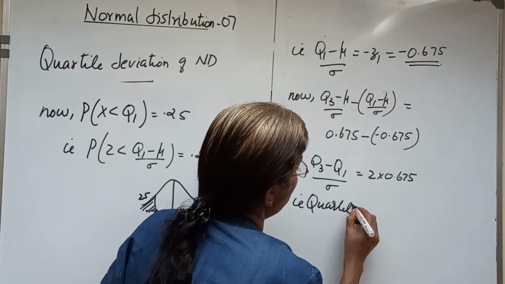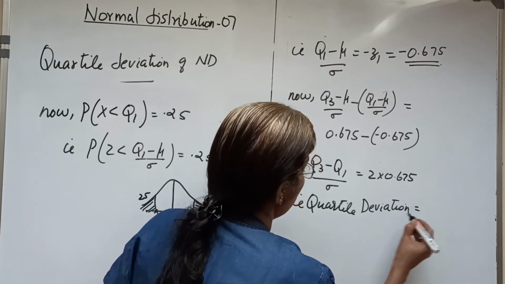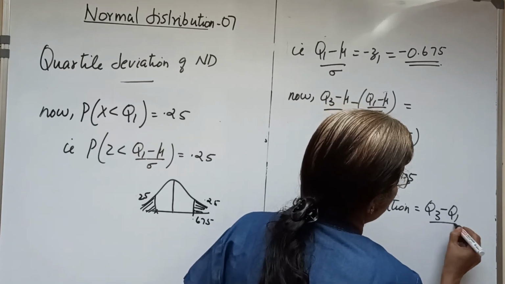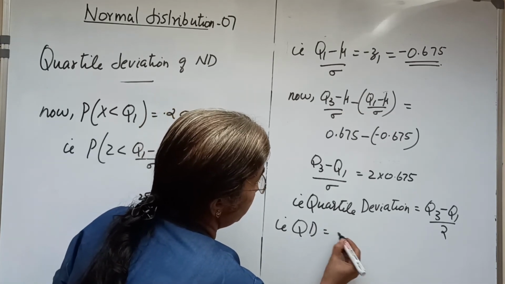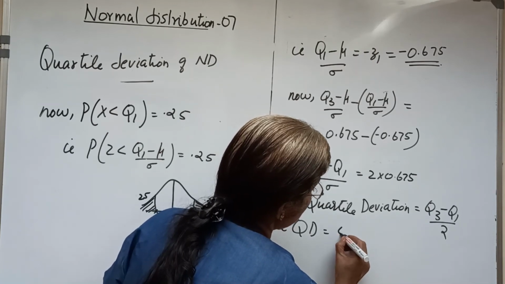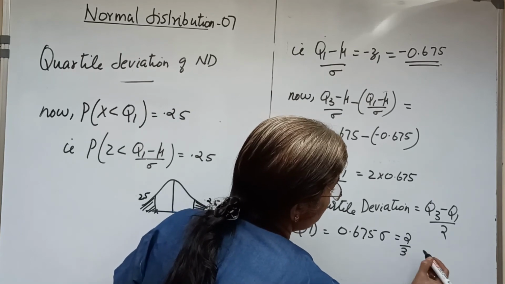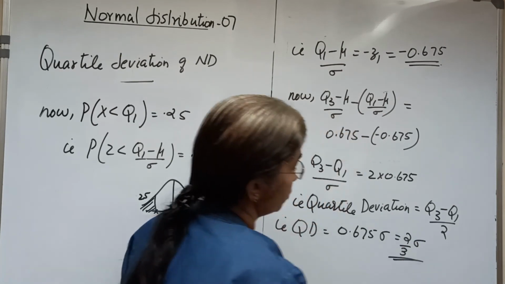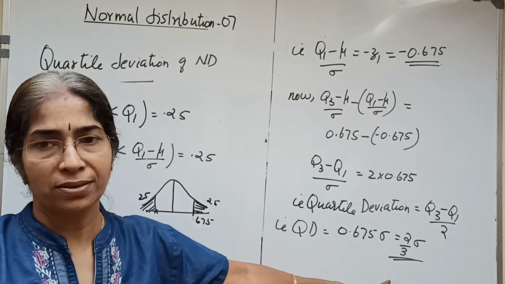Quartile deviation is defined as QD equal to (Q3 minus Q1) by 2, so it becomes 0.675 into sigma, equal to 2 by 3 sigma approximately. We have obtained quartile deviation as 2 by 3 sigma.